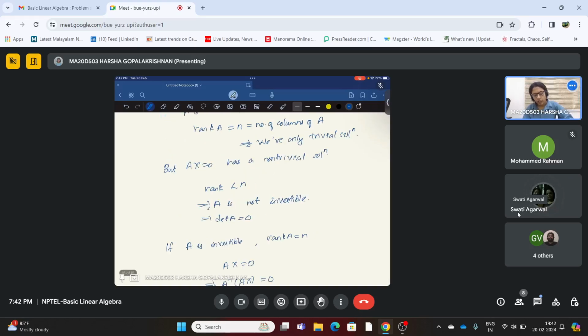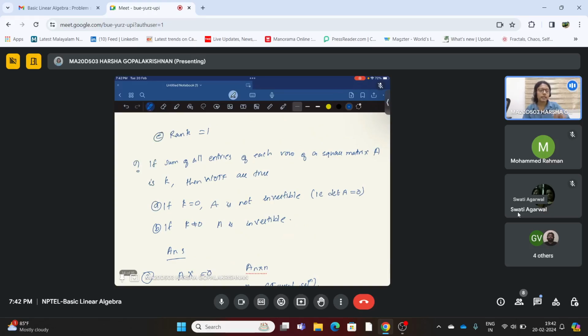Now the next question is again sum of the entries. We are taking a non-zero value. Now the question is, is A invertible or not?